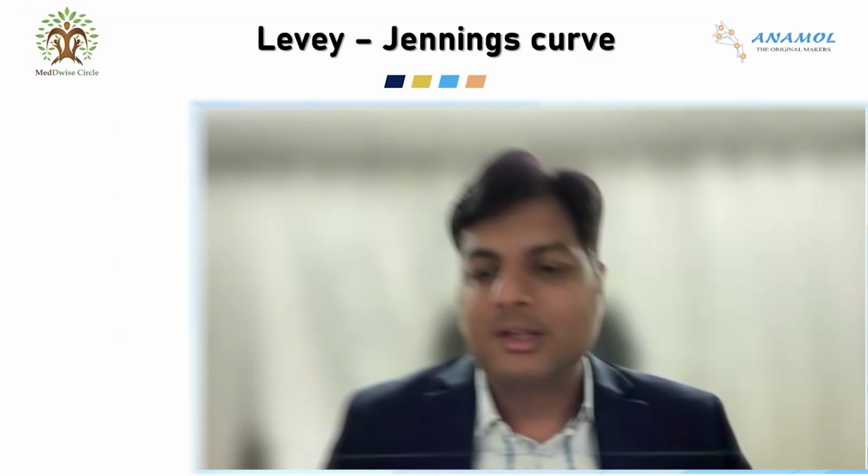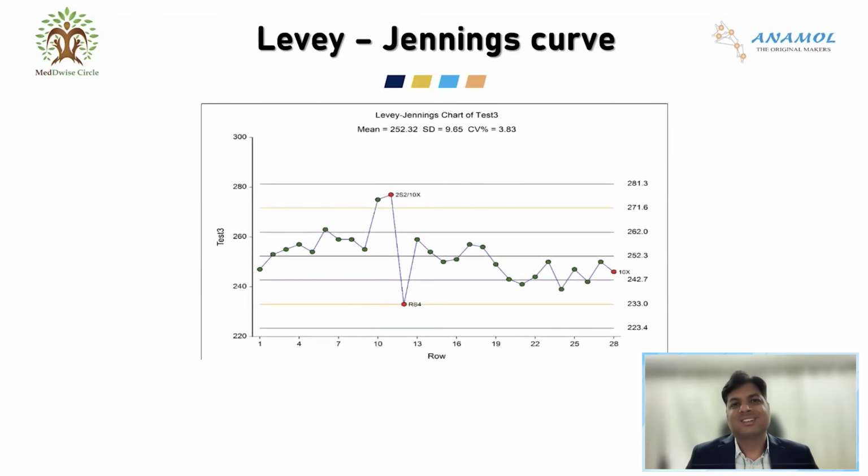Now, whatever value of glucose I am getting, I will plot this value of glucose on a graph. So the graph will look something like this. Here, let's say this center line is the mean of glucose. Let's say, just for you to understand, this is an example, the mean of glucose is 252.3, then plus 1 SD is 262 and plus 2 SD is 271.6.